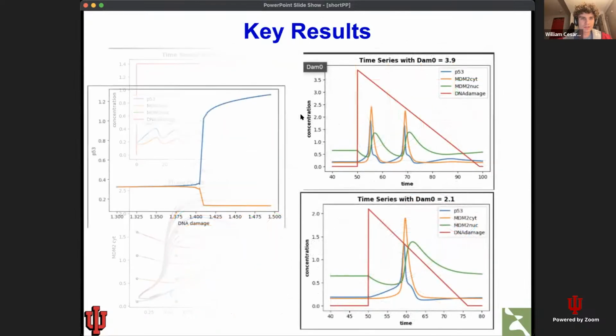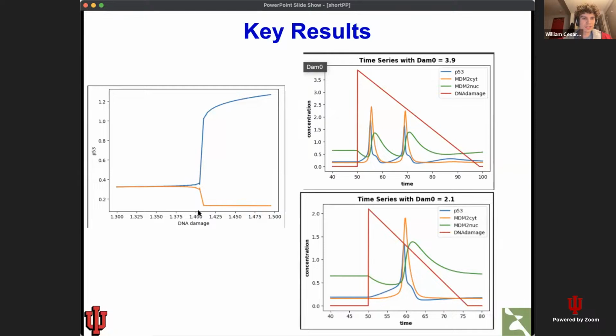So to zoom in even further, we plotted a bifurcation plot of DNA damage, zooming in the x-axis a lot. Our y-axis is p53, the steady state of p53, and we are changing DNA damage here.